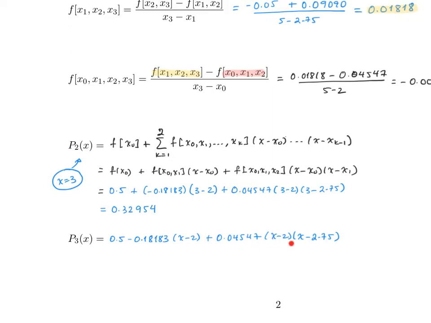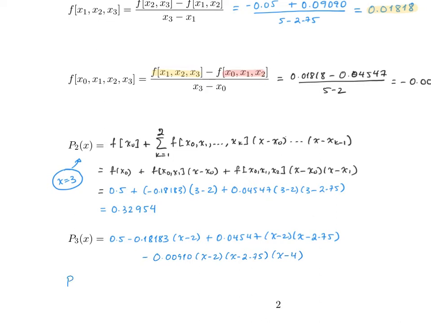So after here is the second degree polynomial. Then the third degree term will be minus 0.00910 times x minus 2 times x minus 2.75, which is x1, and then x minus 4, which is x2.